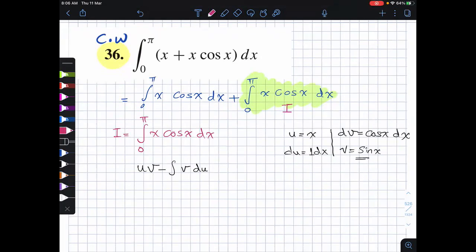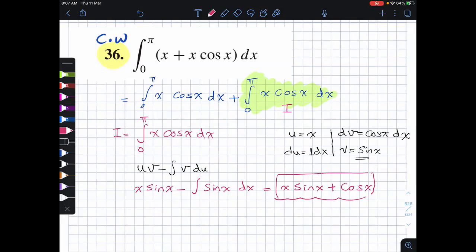The u here is x, and v is sine x, minus the integral of v du, so the integral of sine x dx. So for this part only, our answer is x sine x minus the integral of sine, which is negative cosine, and the negative times negative gives positive cosine x.